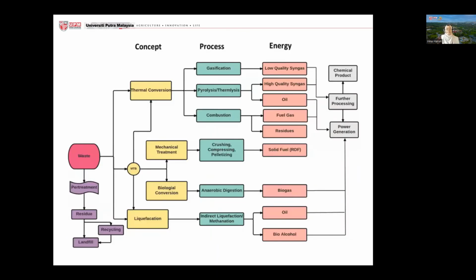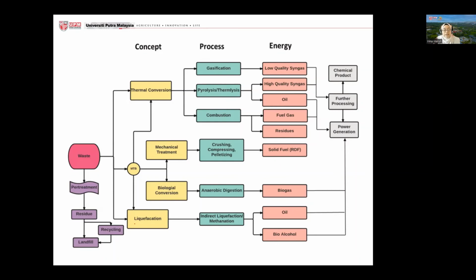And here is another representative diagram. Of course, there are different concepts, but you can see from here that it doesn't cover all five. It only goes for thermal, mechanical, and biological, which I referred to as biochemical.